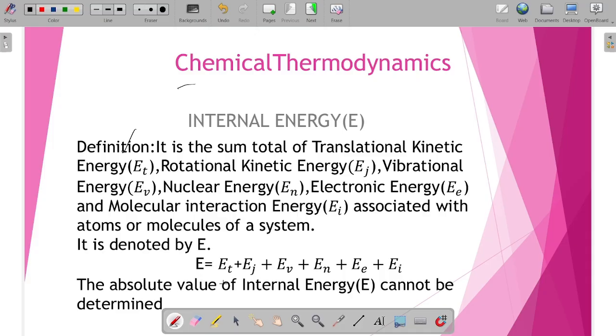The absolute value of the internal energy cannot be determined. Each component of the energies cannot be determined. That is why the total amount contained in the substance, the absolute value, cannot be determined.